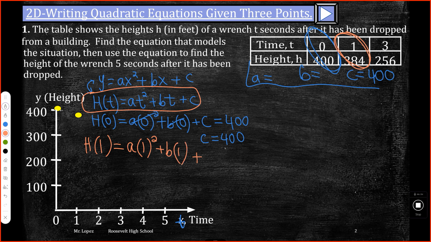And don't I already know what c is? C is not 1. C is 400. And that is going to equal, what is the height at 1 second? How high off the ground is it at 1 second? 384.